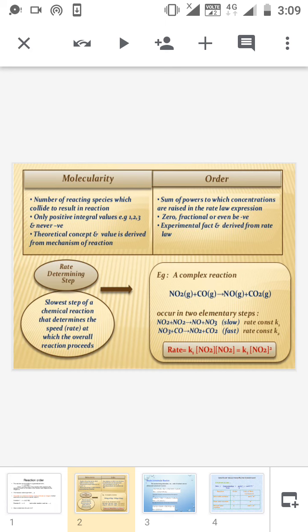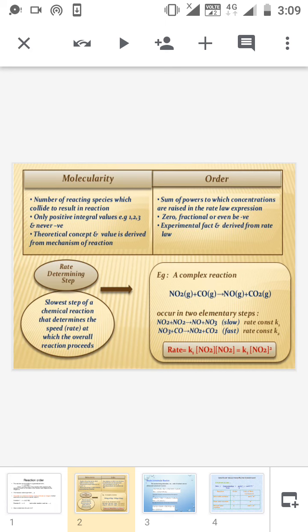But molecularity must be an integer. It cannot be negative, zero, or a fraction. We cannot take half a molecule, we cannot take 1.5 molecules. So molecularity cannot be zero or fractional, but order may be zero or fractional.